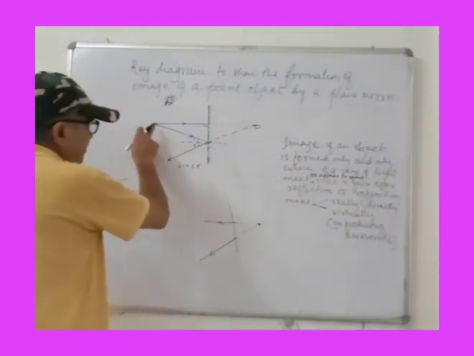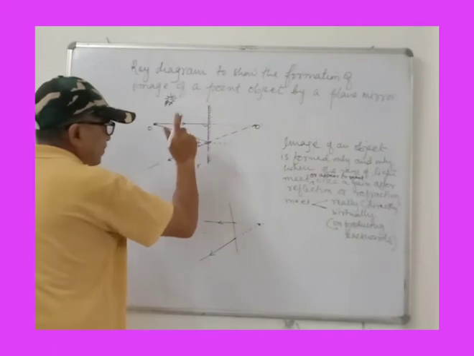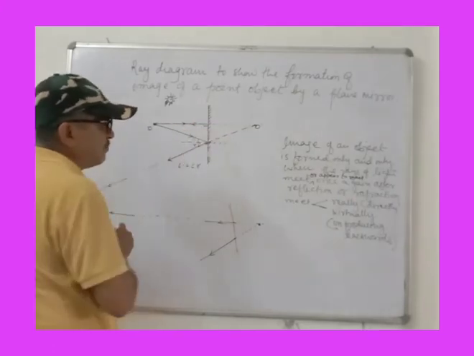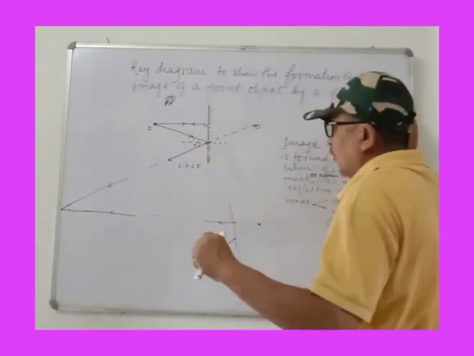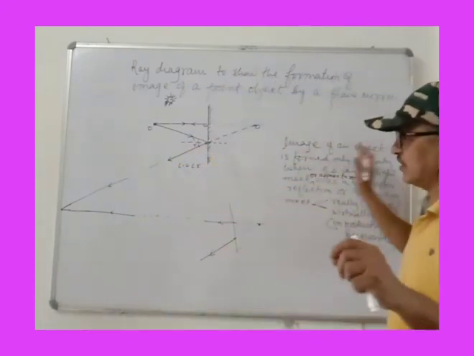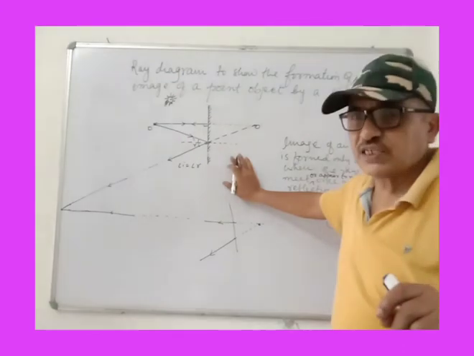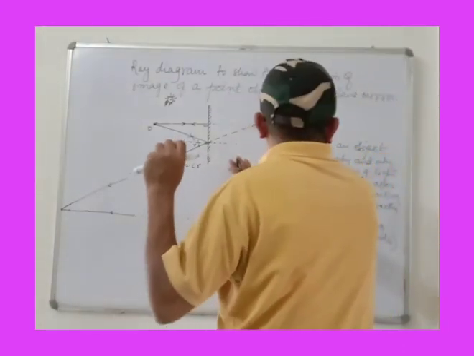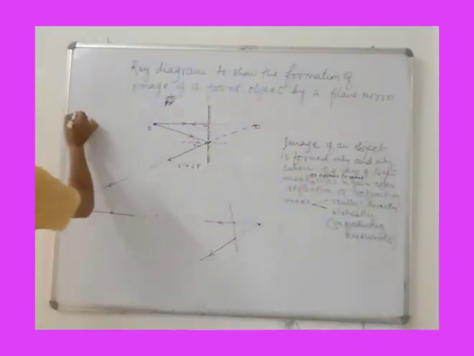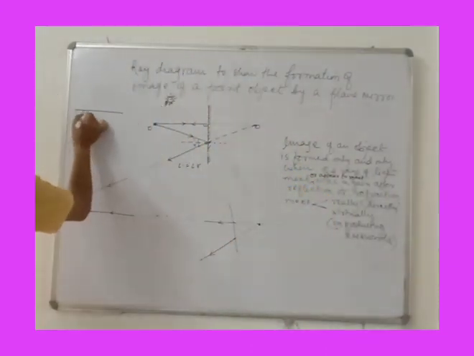Here, if you take a straight ray, then it will return through the same path. I have not shown you this one. When I showed regular and irregular reflection, there is one more type of reflection that is called normal incidence. Suppose there is a plane mirror.